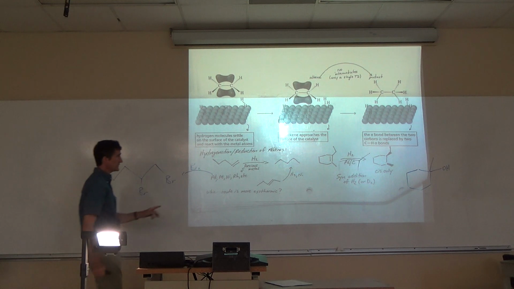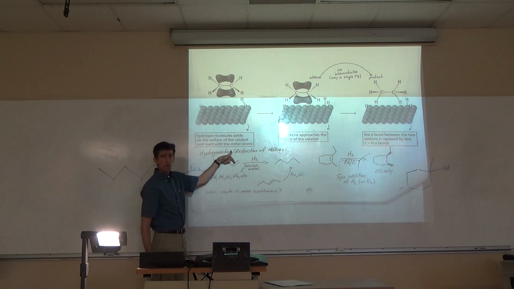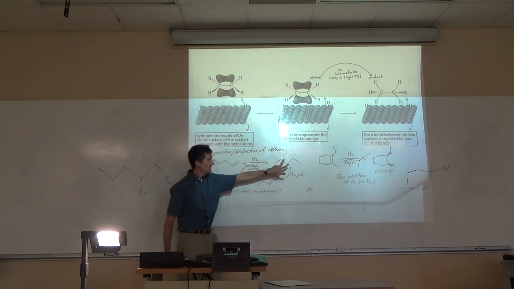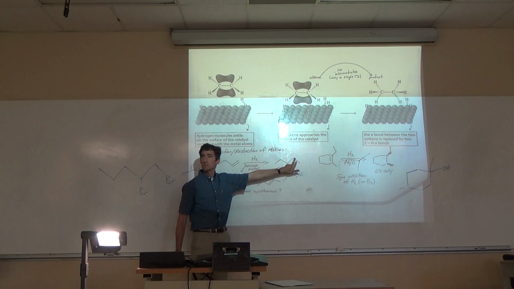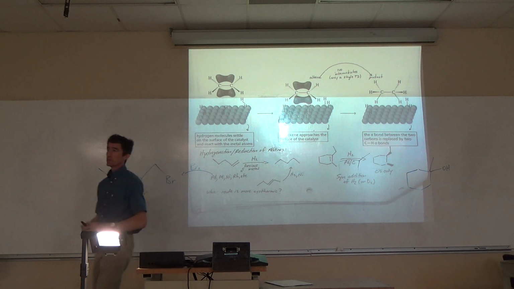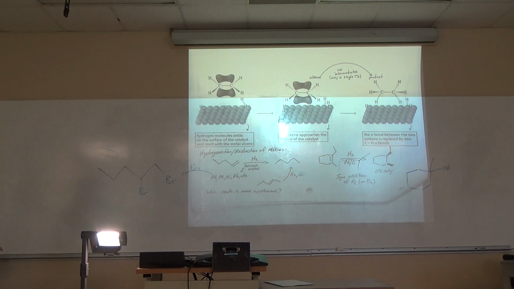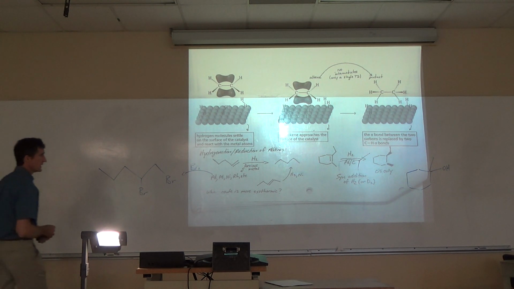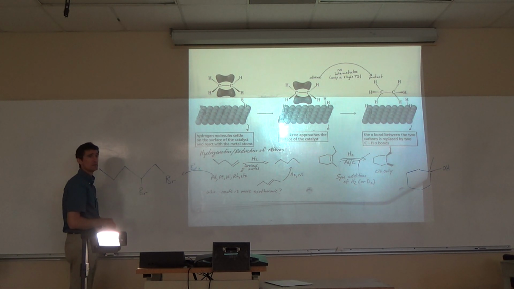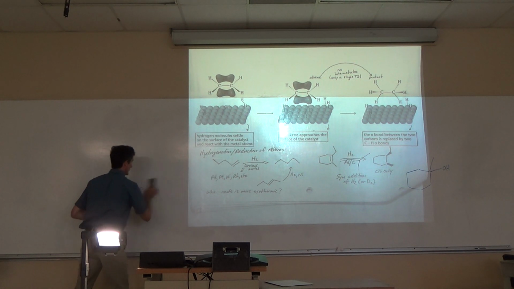These reactions are exothermic. Why? Because we're going from a pi bond to what? Two new sigmas. You can do your calculations, but I guarantee you it's going to be exothermic. Which one would be more exothermic? How would you figure this out? Reaction coordinate diagram.